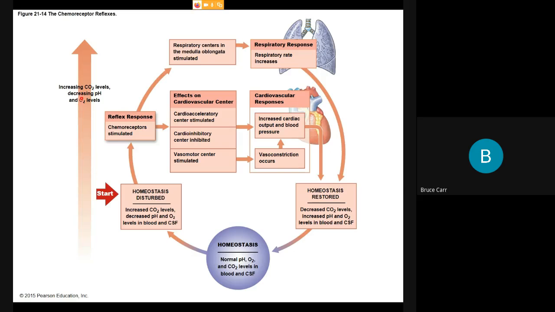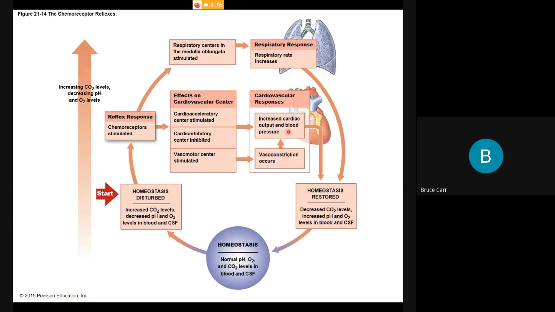If we see an increase in CO2, but low pH and low oxygen, the chemoreceptors are going to work through these cardiovascular nervous elements to increase cardiac output and pressure and constrict the blood vessels.